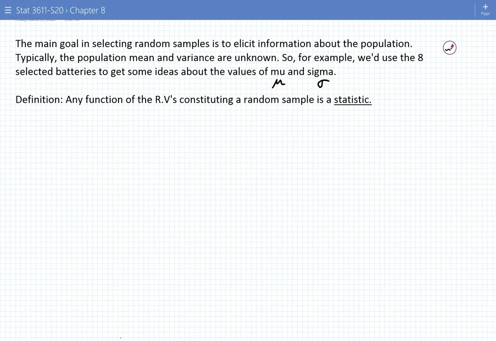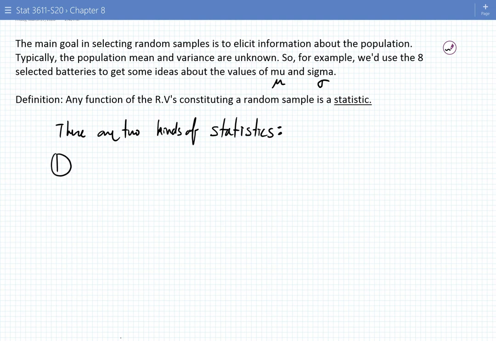There are 2 general kinds of statistics that we're going to look at. One are statistics that are measures of location, or measures of centrality.